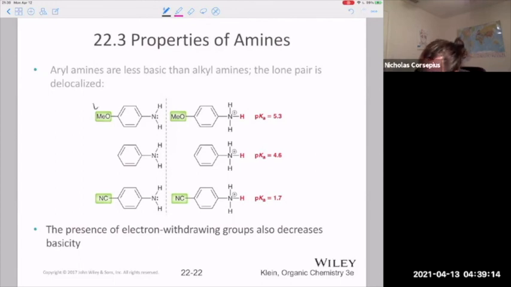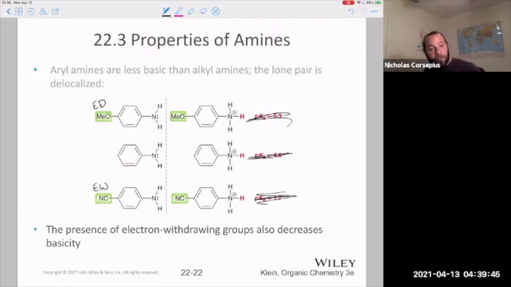But remember that this is an electron donating group compared to a cyano group or a nitrile, which is electron withdrawing. So even before looking at these pKa's, don't cheat. What do you think is going to make it a stronger base, having an electron donating group or an electron withdrawing group? Remember, it's all about, is that lone pair on the nitrogen free to grab a hydrogen?